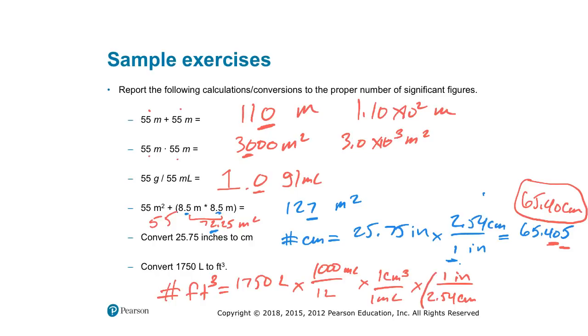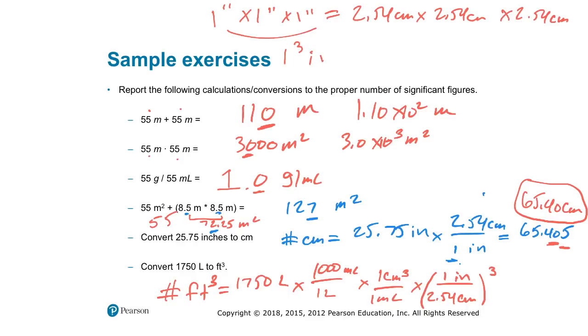Well, I can cube the whole conversion. So if I go 1 inch by 1 inch by 1 inch, that's going to be equal to 2.54 centimeters by 2.54 centimeters by 2.54 centimeters. So that's 1 inch cubed equal to 2.54 centimeters cubed.